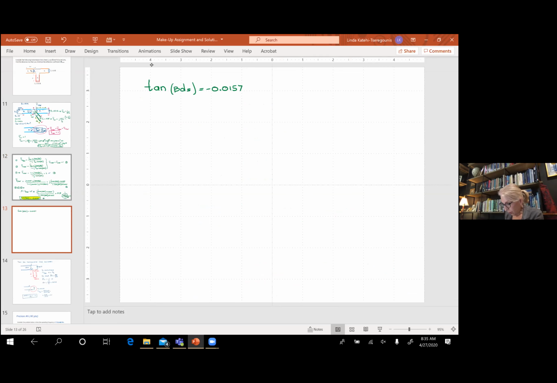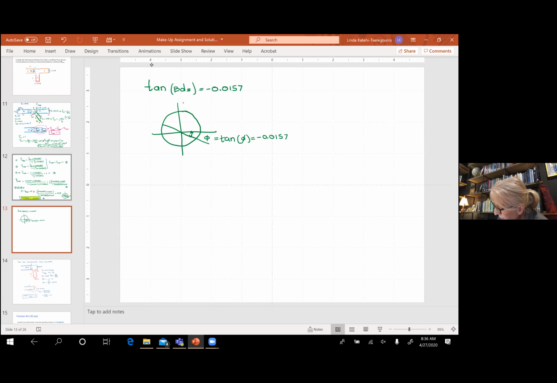If this is my angle, and it is negative and very close to 0, obviously this φ here can have tangent of φ to be minus 0.0157.